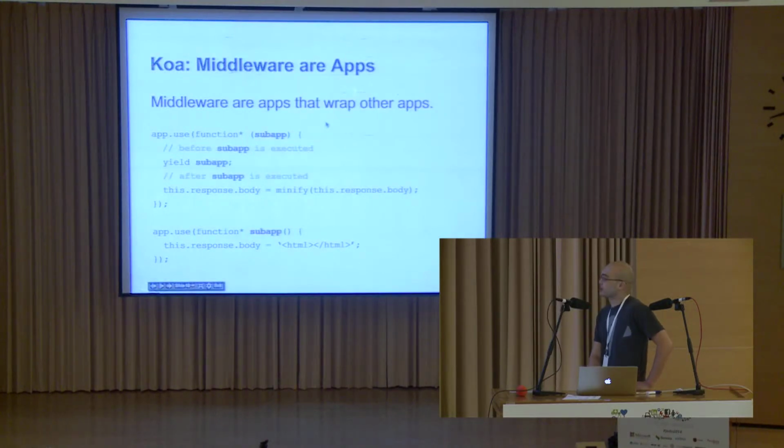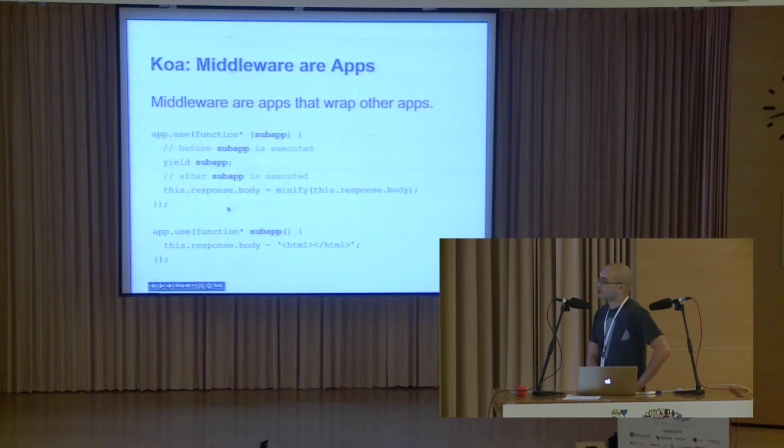So this is how I like to think about it. Every middleware should be an app. The way I write Koa is every middleware is its own route, and basically each route is either an app or a part of an app. So suppose an app all it does is send a page.